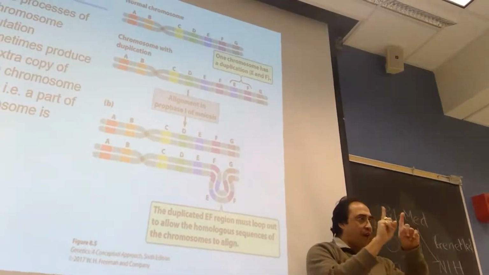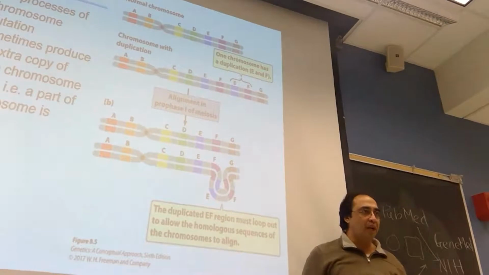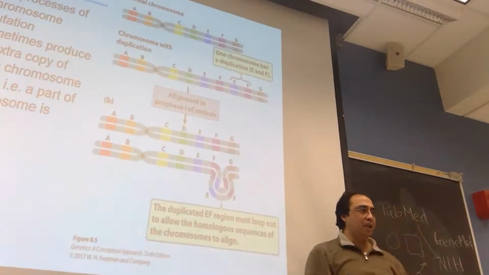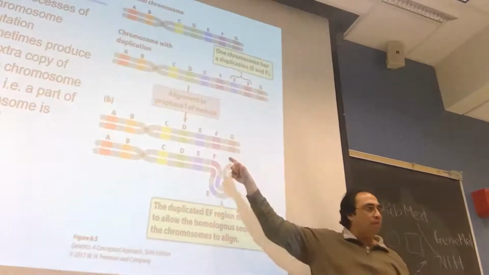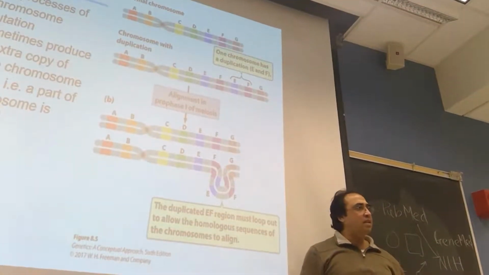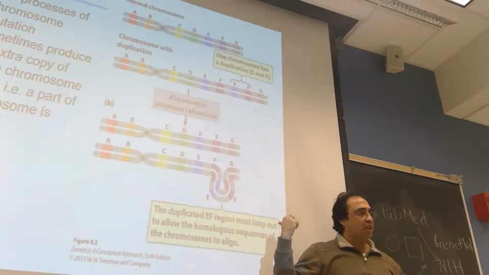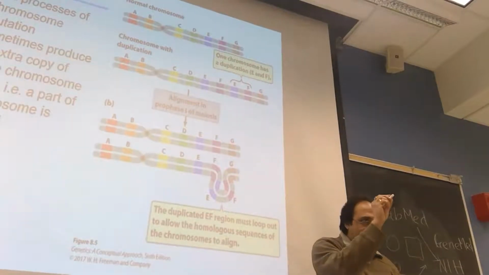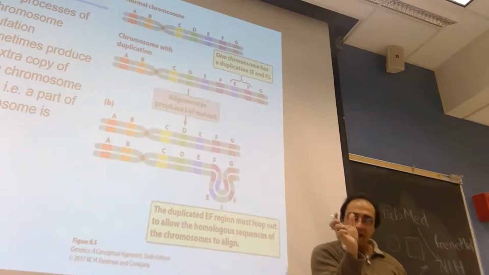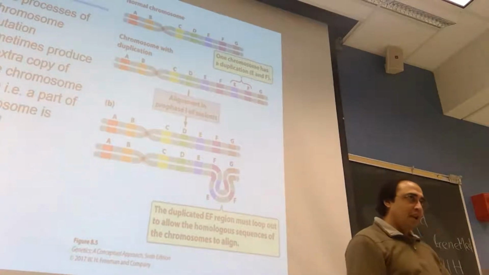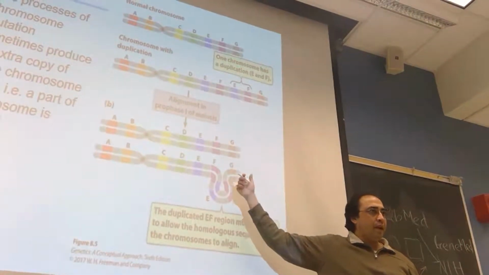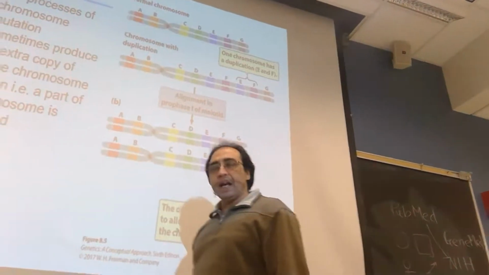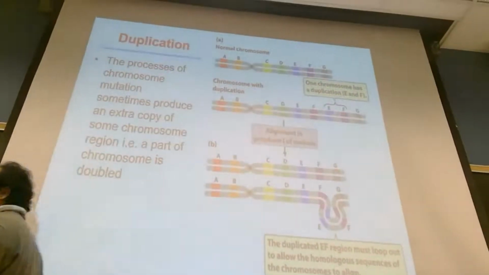During prophase 1 of meiosis, when the homologous chromosomes come together, if you find this kind of loop in a cell, that means there is a chance of duplication there. Because we cannot read the genes like ABCD in the chromosomes or in the slides, we can find these kinds of loops. So during the pairing, they can form these kinds of loops.